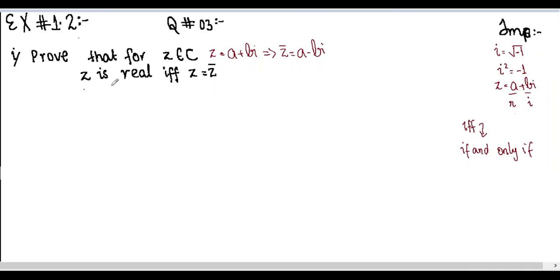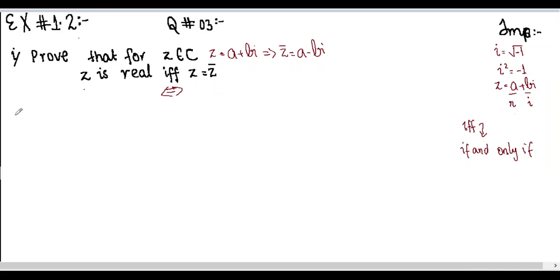Now z is real, iff. What does iff mean? Yes, you have studied it earlier. It means if and only if. So now this thing means basically this sign. Now this sign means that first of all we have to suppose that z equals z bar, and then we have to prove using this portion that z is real, and then as the next portion of the same part, we have to suppose that z is a real number, and then we have to prove that z equals z bar.